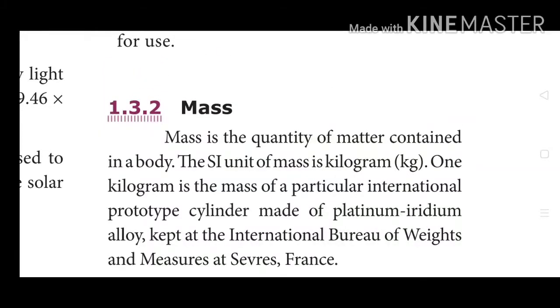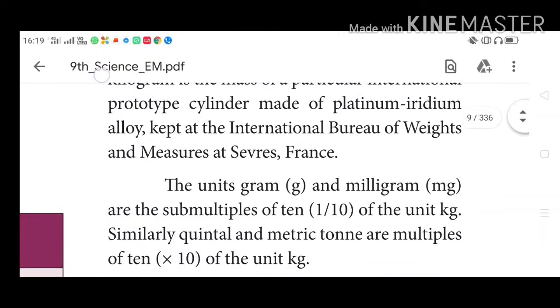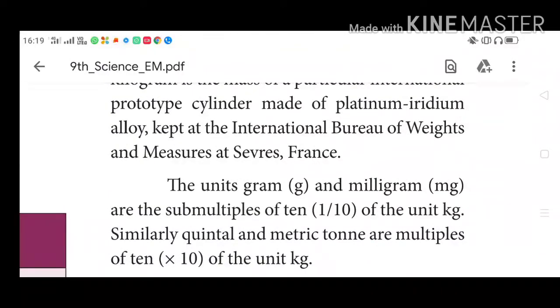Now mass, 1.3.2. Mass is the quantity of matter contained in a body. The SI unit of mass is kilogram. 1 kilogram is the mass of a particular international prototype cylinder made up of platinum iridium alloy, kept at the International Bureau of Weights and Measures, Sevres in France.